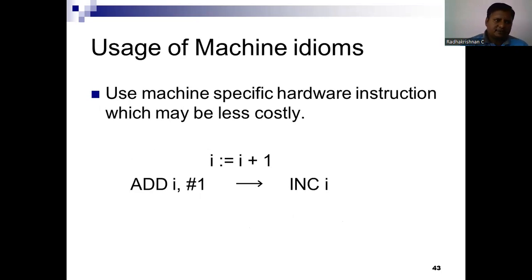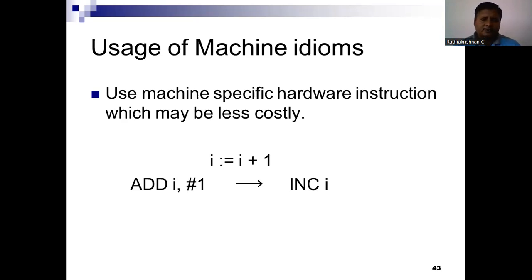Use of machine idioms: in terms of microprocessor code, for example, we need to calculate A = A + 1. What is the code in terms of ordinary machine code? Move A, R0; add 1, R0. Finally, the result in R0 stores the value of A + 1, and the final result is stored with move R0, A. So the A value is incremented. The cost of these instructions is somewhat 4 or 5.